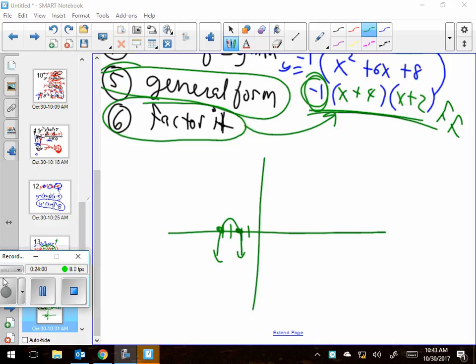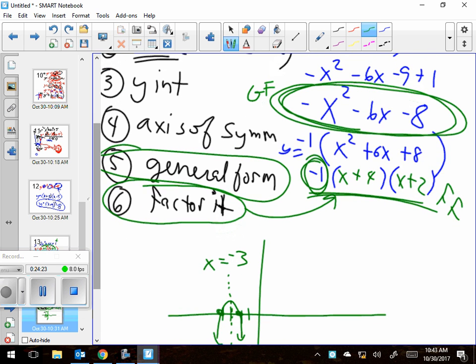I'm pretty much done, except what's the axis of symmetry then? It runs right between them at x equals what? -3. If you didn't make a picture, you might have thought the answer was 3. But if you make a picture, hopefully you'd see that we're over on the negative side here. All right. So the axis of symmetry is x equals -3.